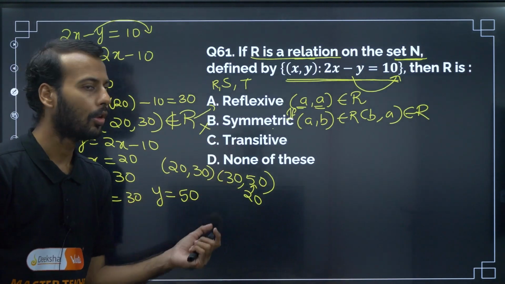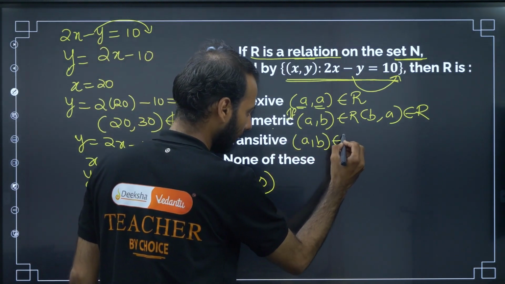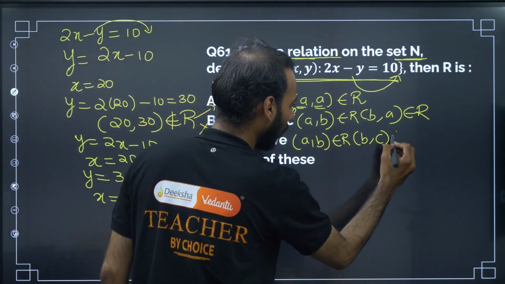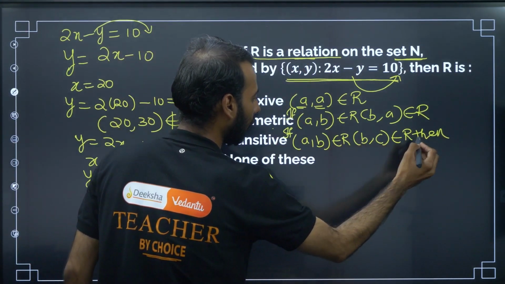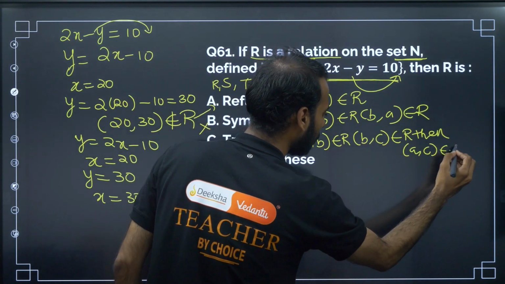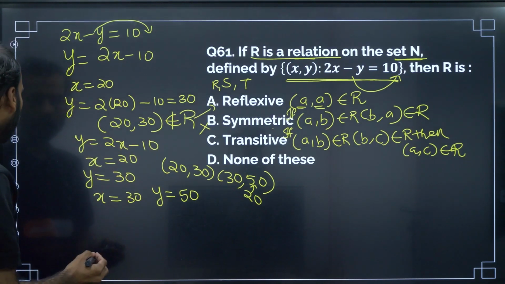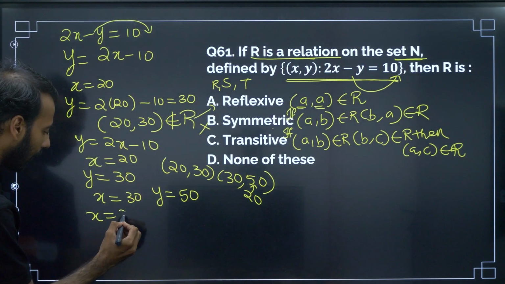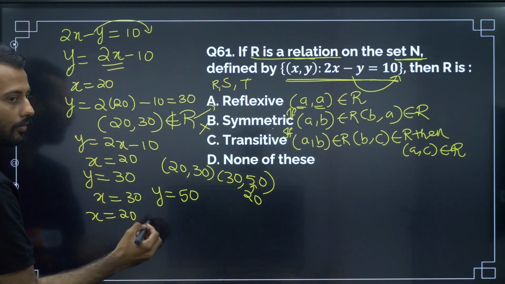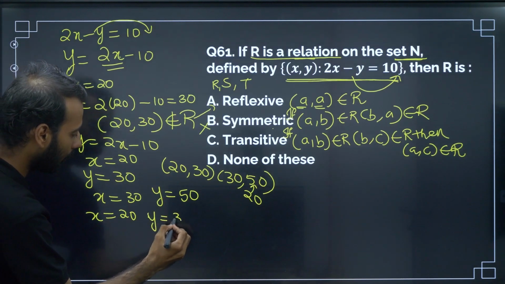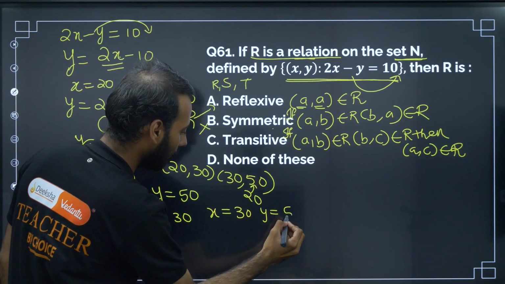Next, moving to transitive. What is the definition of transitive? Transitive means if (A, B) belongs to R and (B, C) belongs to R, then (A, C) should belong to R. So let me give some inputs. x is equal to 20, I have to place 20 here: 2 into 20 minus 10, y is equal to 30. x is equal to 30, then y is equal to 50.